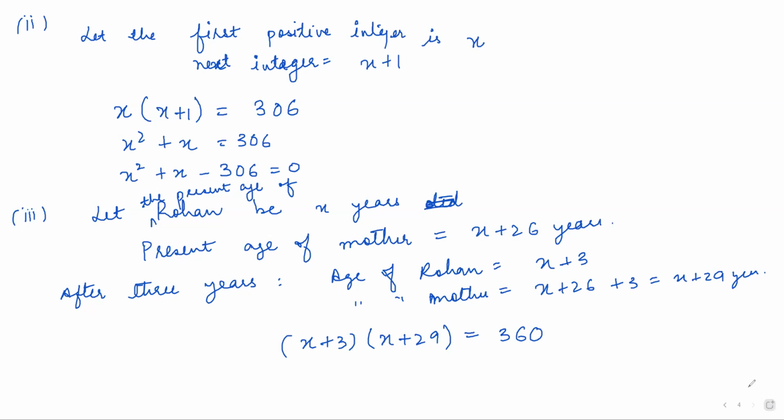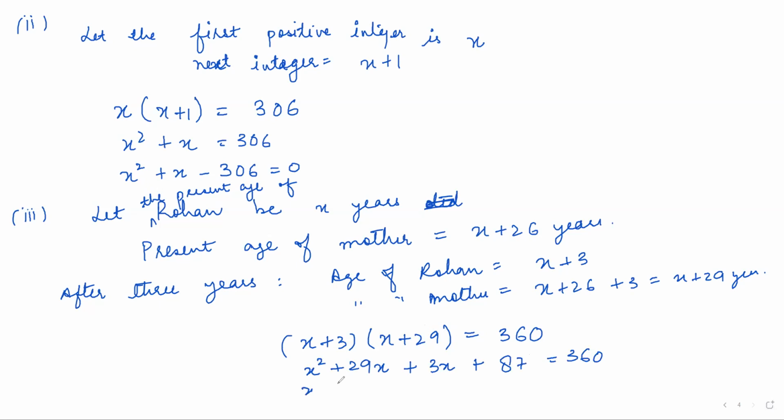Ma'am, we don't have to bring it to the general form. Yes, obviously. I mean, I'm leaving it for you. So multiply it like x square plus 29x plus 3x plus then 3 into 9 is 27, carry 2, 6, 7, 87 is equal to 360.